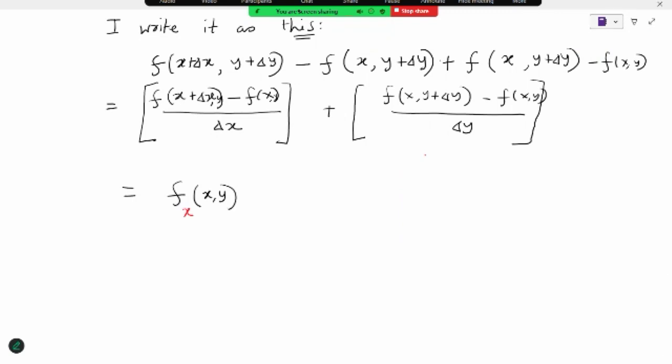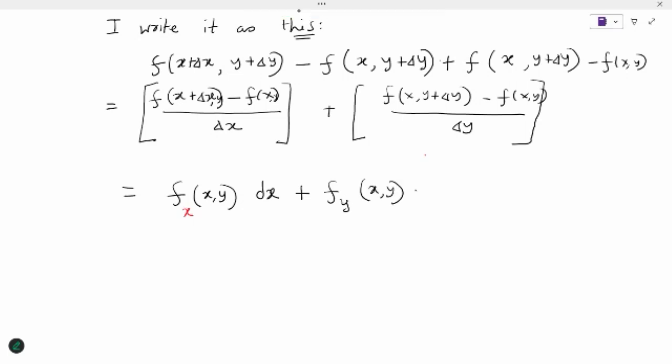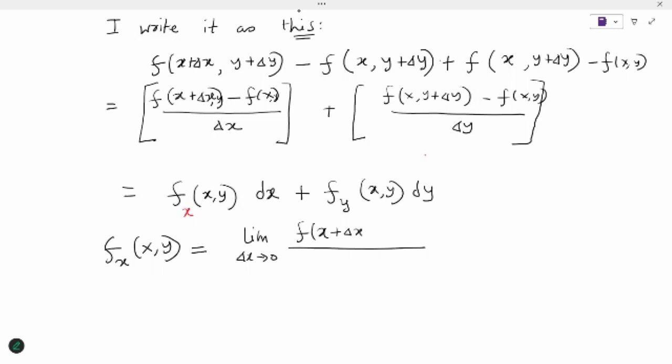x comma y dx plus fy x comma y dy. Here fx of x comma y is the first order partial derivative of f with respect to x, that is limit delta x tends to 0 of f of x plus delta x comma y minus f of x comma y divided by delta x.